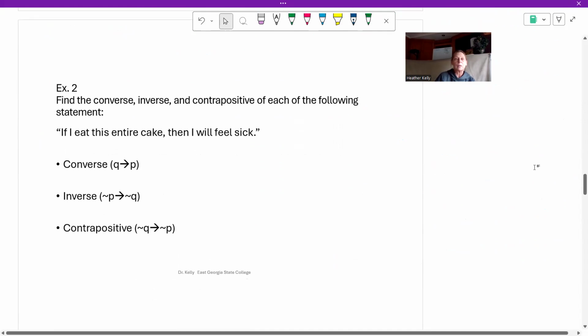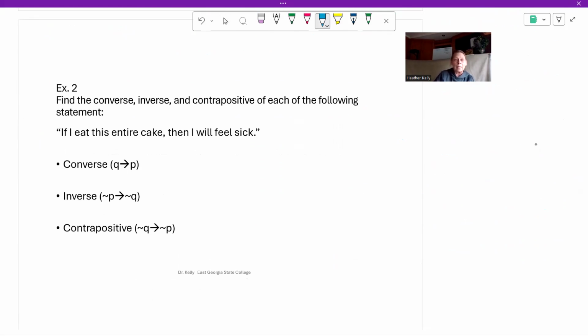Same. Find the converse and the inverse and the contrapositive of the following. If I eat this entire cake, then I will feel sick. Okay, so I want to remind you that this is the conditional statement. And remember, it's called a conditional statement because it's like, if you do this, then that will happen. Well, that's a condition, right?